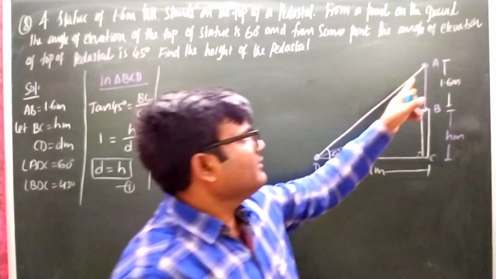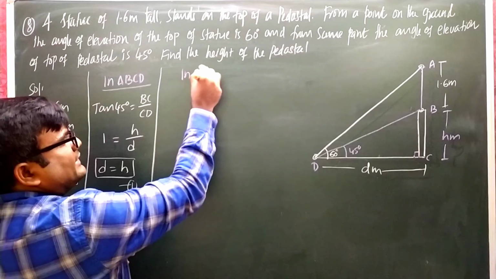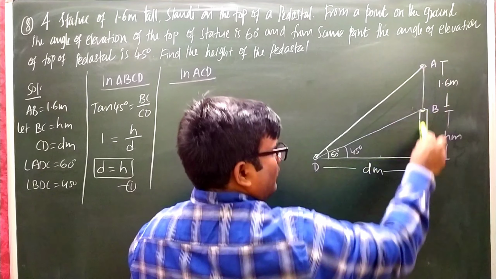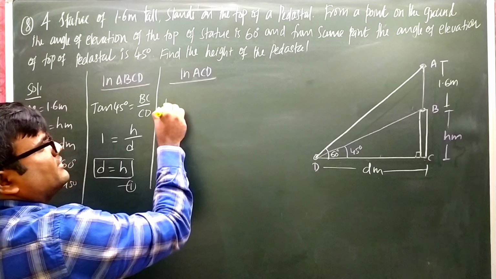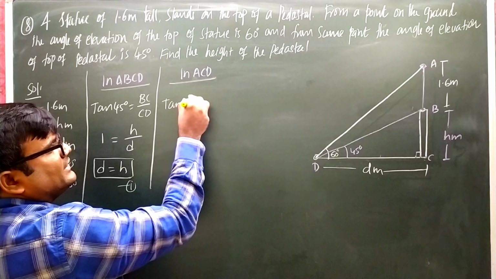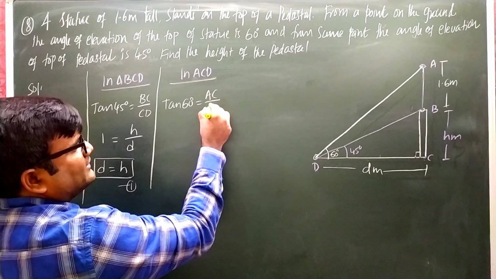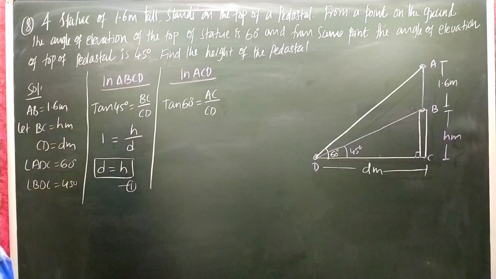Next, second triangle, consider second triangle ACD. So in triangle ACD, consider this length is opposite, common length is adjacent. So take tan 60. Tan 60 is equal to opposite by adjacent. Therefore, opposite side is AC, adjacent side is CD.